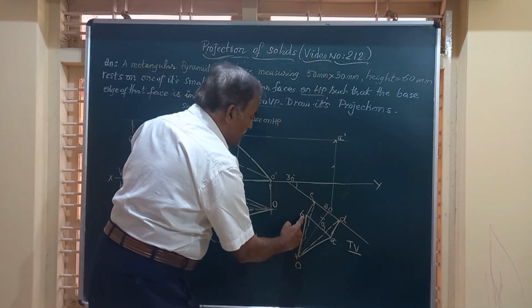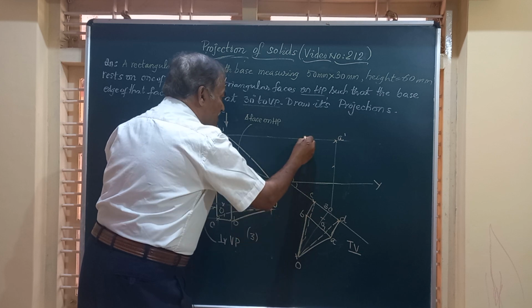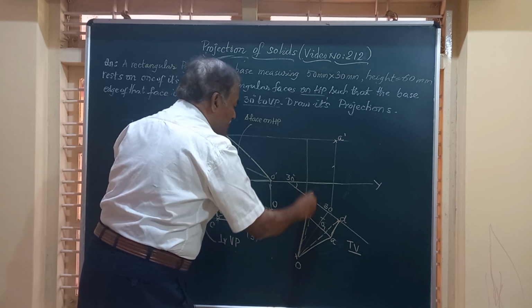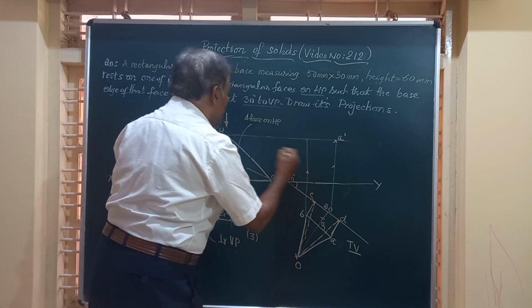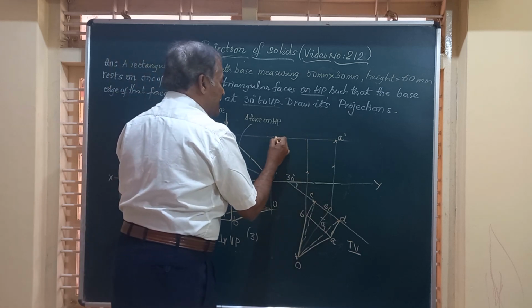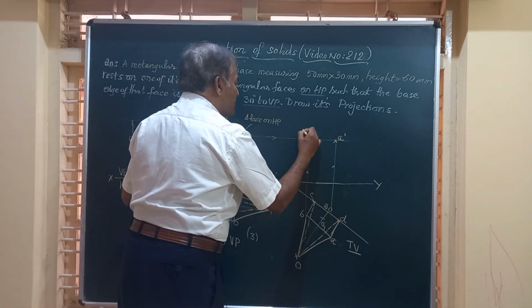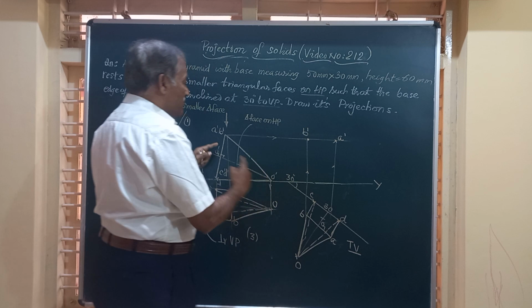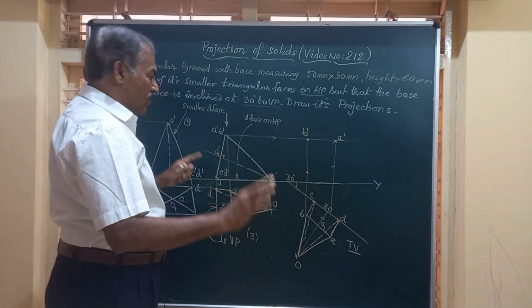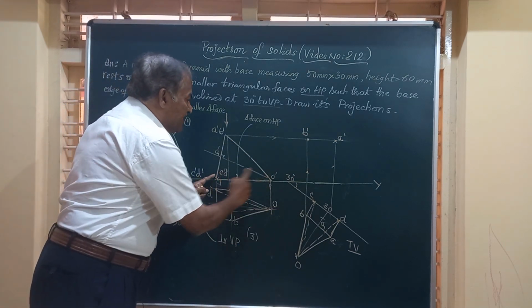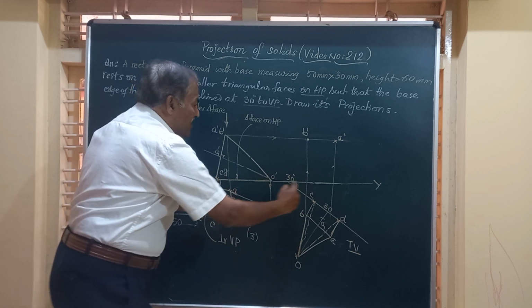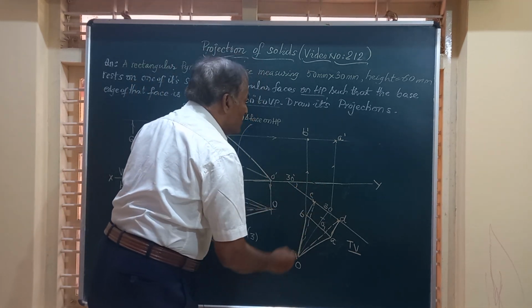Then B, draw a vertical line from B. So this is a vertical line from B. A horizontal line from B dash, the point of intersection will give you B dash. So you have got A dash, B dash. On the same lines, C dash and D dash should lie on XY. So how to get them?